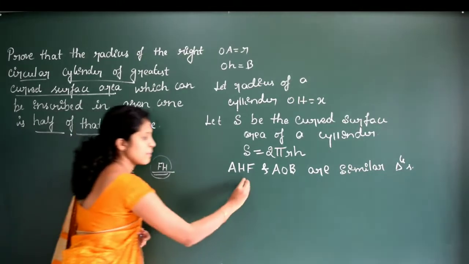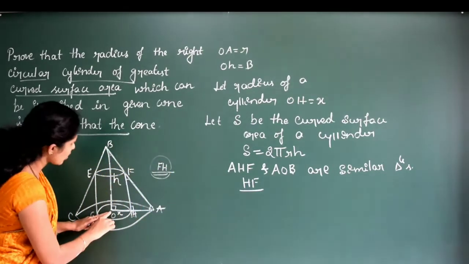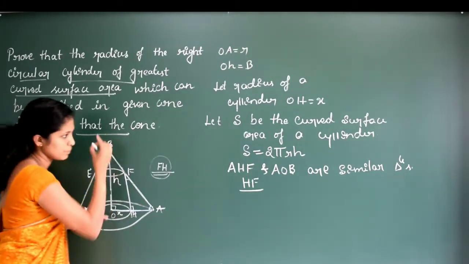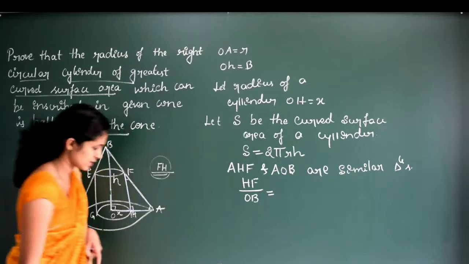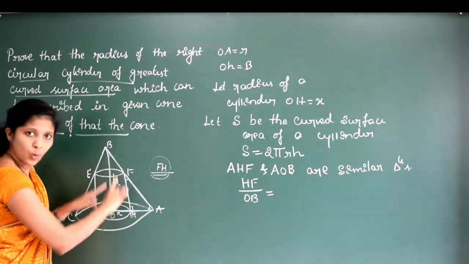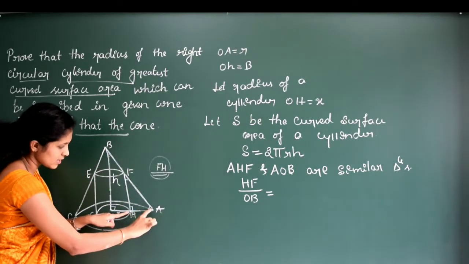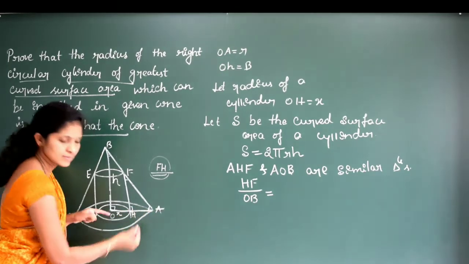So HF divided by the height OB, HF by OB should be equal to, is it clear?